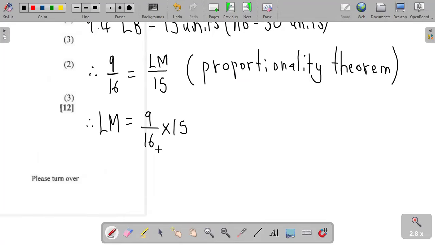It gives me 8.44 units. Okay, so yes, that's the end of question 9. Let's move on to question 10 now.